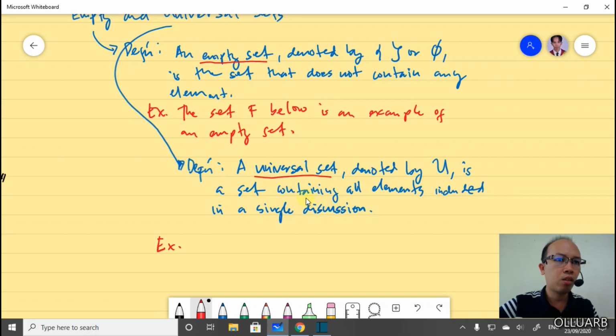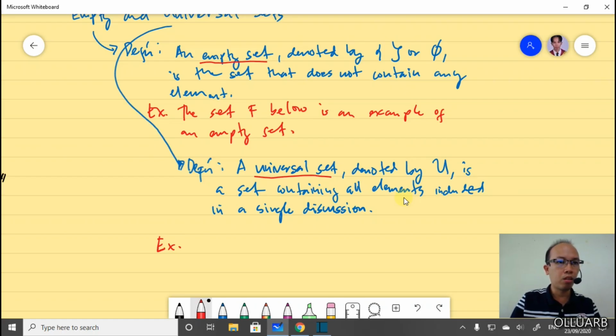It says here, a set containing all elements included in a single discussion. Meaning to say, if you have a problem, the universal set is something like all the existing sets, all of those elements in that set are elements of the set U. So it's easy to understand the word universal.